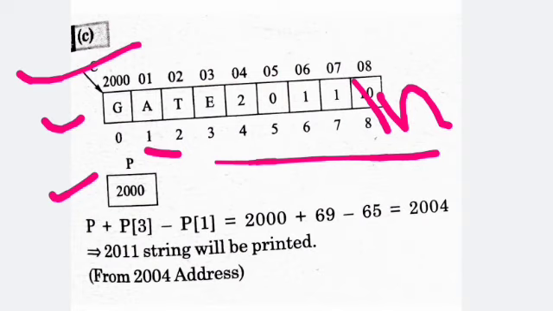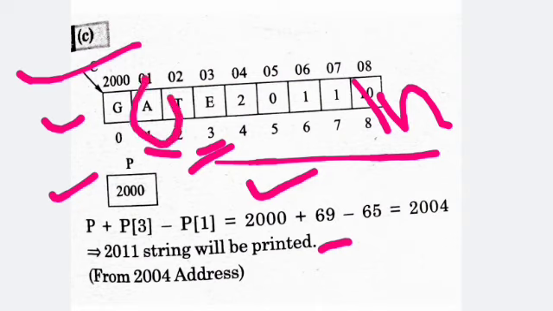So we get the value 2000 plus P[3]. P[3] represents E, and the ASCII value of E is 69, and P[1] represents A, and the ASCII value of A is 65.